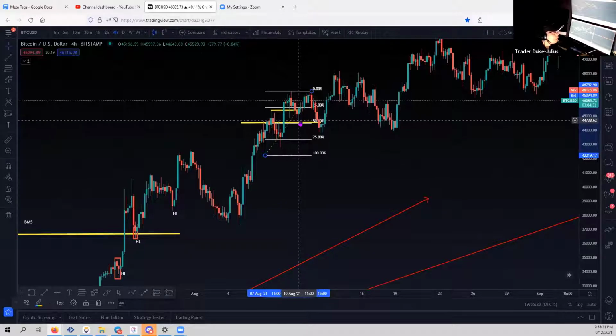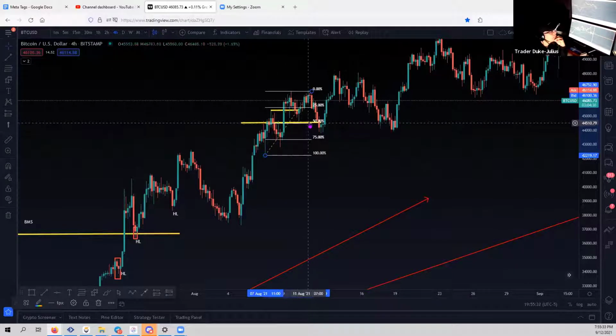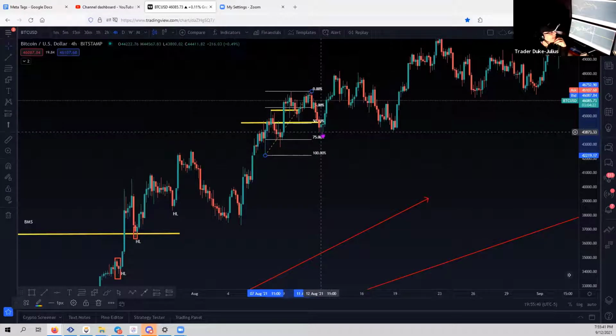And price came down to the 50 line, right? Could have had another entry right here, but it was short-lived. And then price came down and tested the 50 one more time. When it tested the 50 one more time, this would have been a much better entry right here, okay?